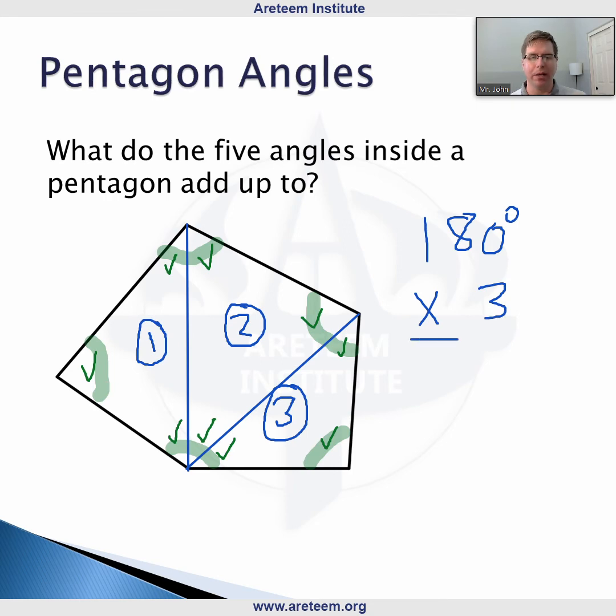Then we have 3 of these in total, so the angles in a pentagon always add up to 540 degrees. You can always split it up in some way like this into 3 triangles. Each triangle's angles add up to 180. 180 plus 180 plus 180 gives us 540 for a pentagon.